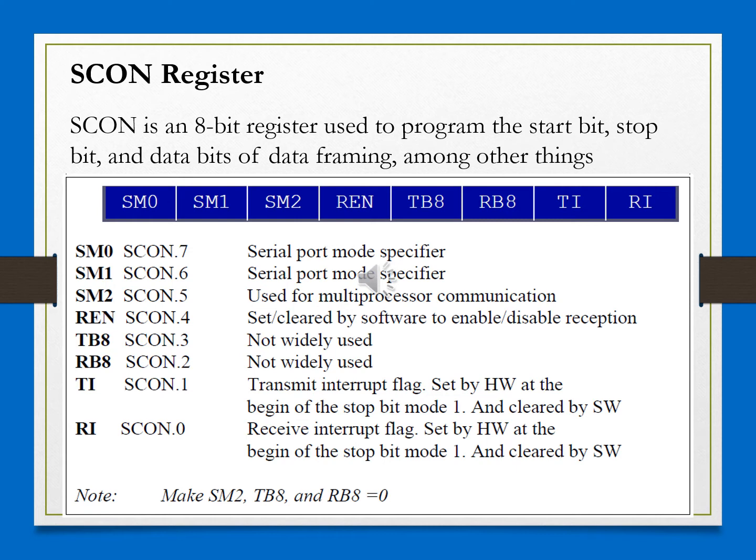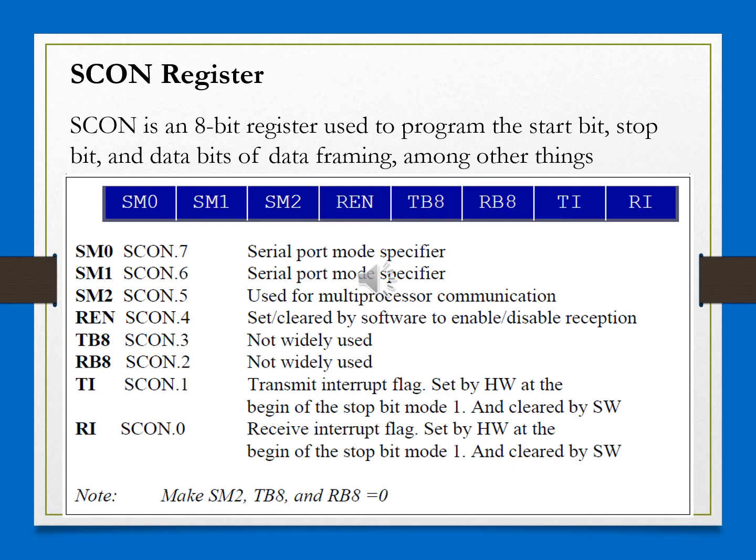Starting from the MSB on the left-hand side, SM0 and SM1 are the serial port mode specifiers, that is, in which mode serial communication is operating. SM2 is used for multiprocessor communication. REN is set or cleared by software to enable or disable the reception.